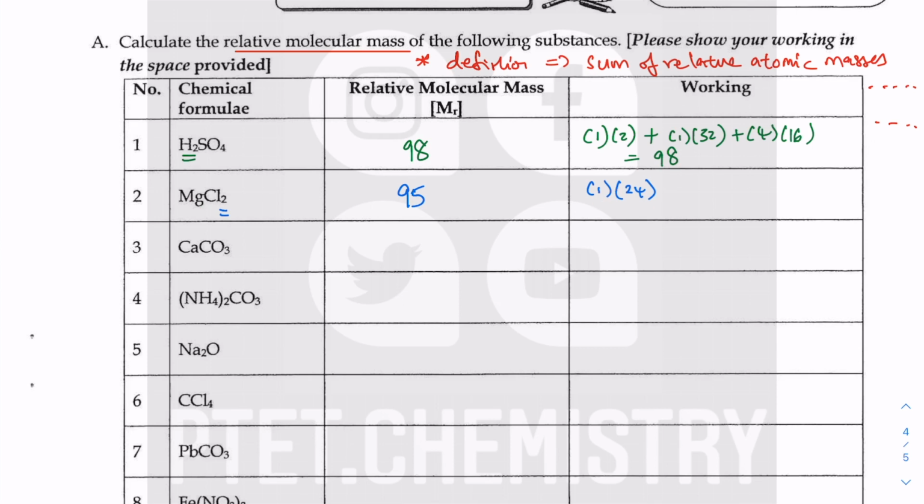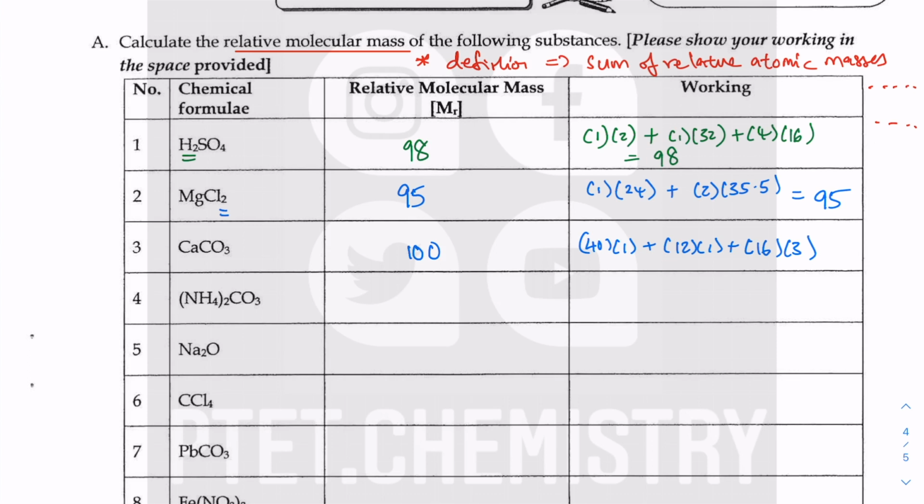Add up the relative atomic mass: I have 2 chlorine, each of which is 35.5, given in the periodic table. So 95. Calcium carbonate: 40 times 1 plus 12 times 1 plus 16 times 3. You should get 100, because I've done this a lot of times throughout my entire life.